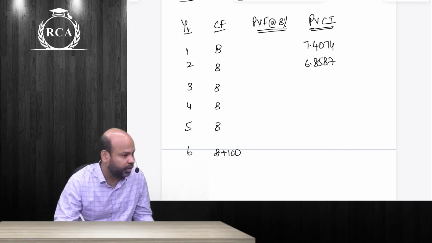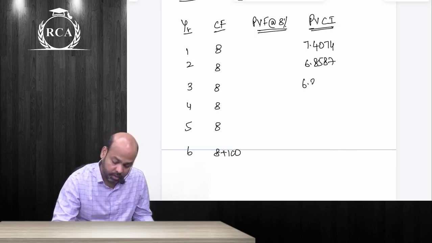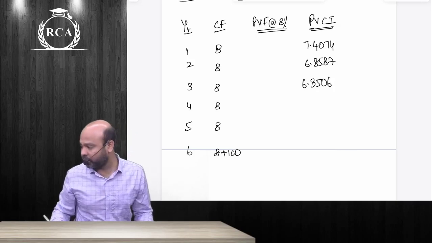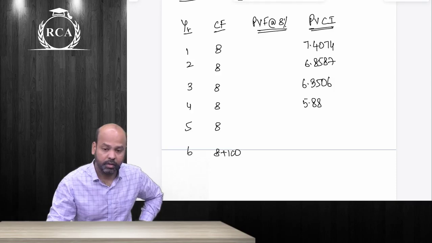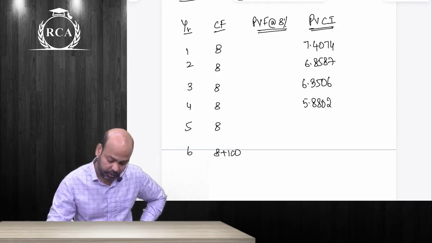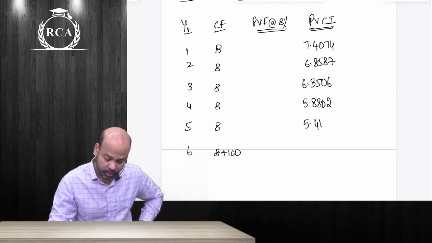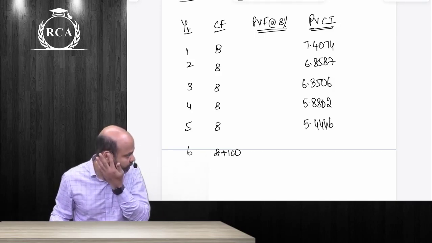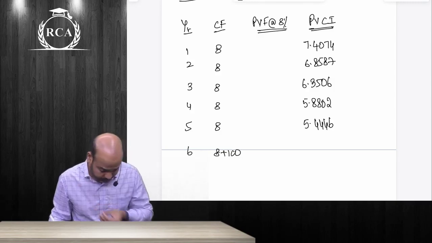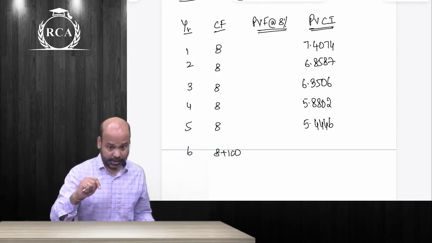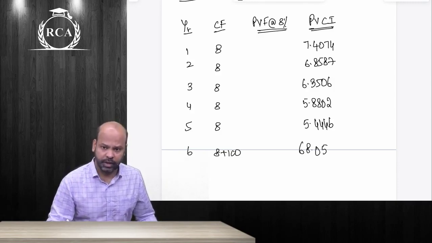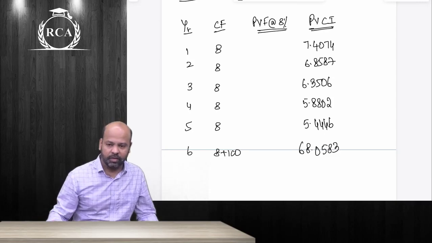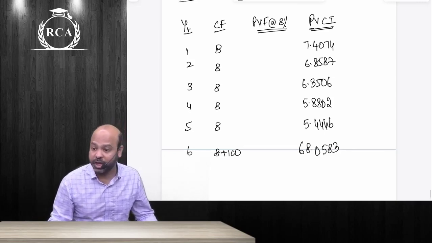Divided by 1.08. 6.3507. Divided by 1.08. 5.88. Divided by 1.08. 5.446. Divided by 1.08, into 108 by 8, किया ना. 68.0583. These are the present values of cash inflows.